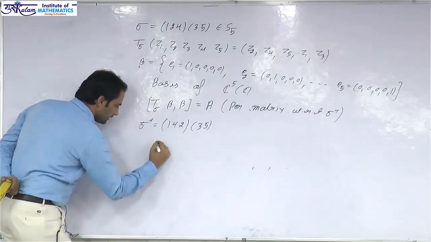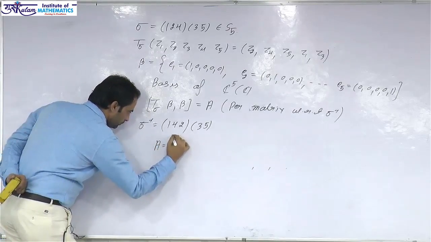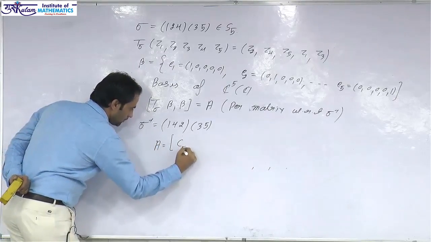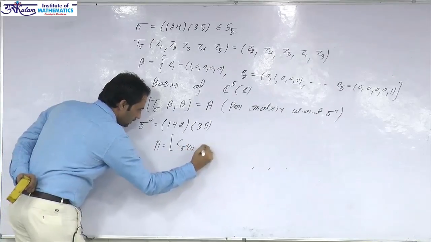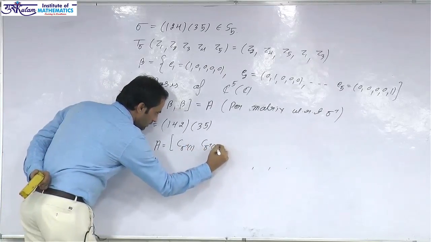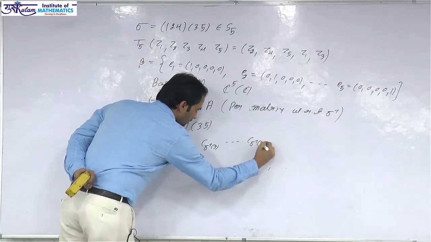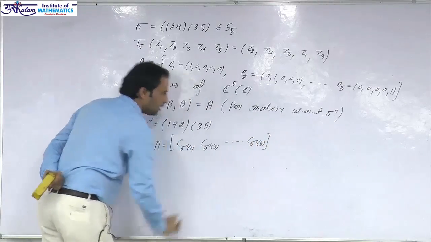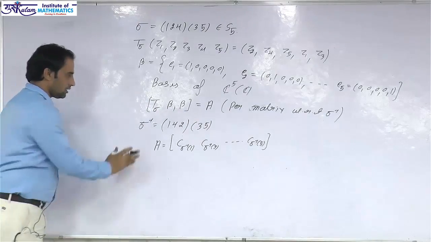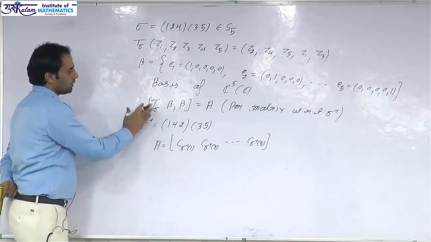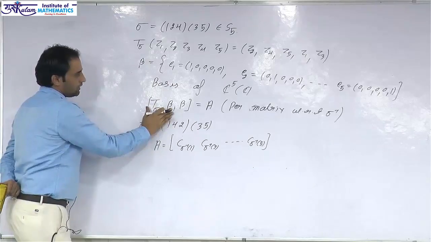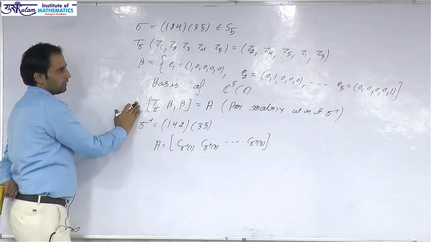So this matrix A is simply C of sigma inverse 1, C of sigma inverse 2, and so on, C of sigma inverse 5. So this is the matrix representation with respect to the standard basis beta of this linear operator T sigma.